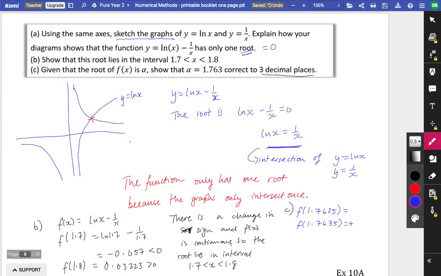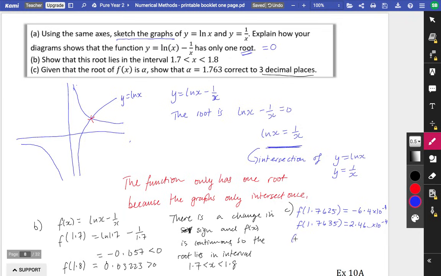You can see why they're called numerical methods, because there's an awful lot of calculators being used. That's what it really means. So we've got minus 6.4 times 10 to the minus 4. Notice how it's much closer to 0 than either of these ones are over here, because we're getting much, much closer to the solution. And then we're going to change these as well to 1.7635. So let's just get that, and we're hoping for a positive now. And it's 2.46 times 10 to the minus 4.